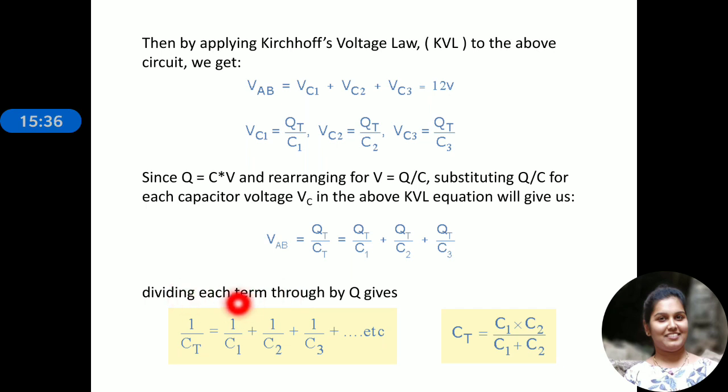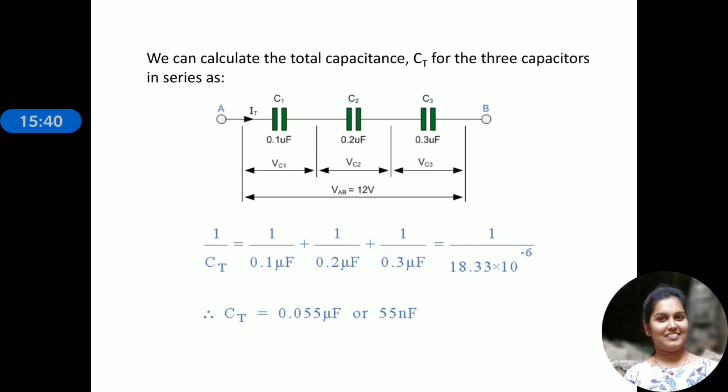So substitute the values of C1, C2, C3 in this expression. Now let's see what will happen. 1 by Ct is equal to 1 by 0.1 microfarads plus 1 by 0.2 microfarads plus 1 by 0.3 microfarads. When we solve this, we'll get 1 by 18.33 into 10 power minus 6.